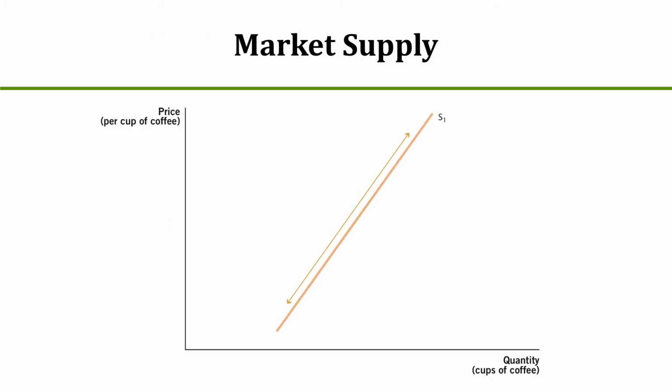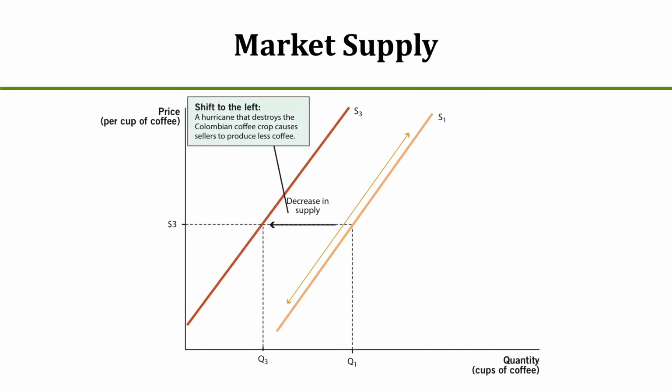Now let me show the shift in supply in a better graphic. As you know from the previous spreadsheet, the graphics I did on my spreadsheet, if you move from S1 to S3, the supply is decreasing, and the economic event here is a hurricane that destroys the Colombian coffee crop, which causes sellers to produce less coffee.